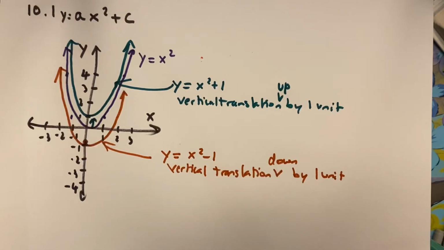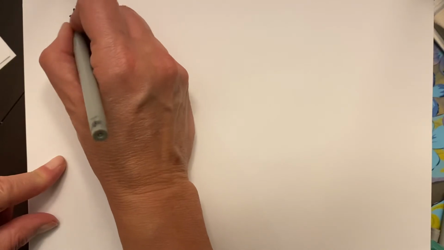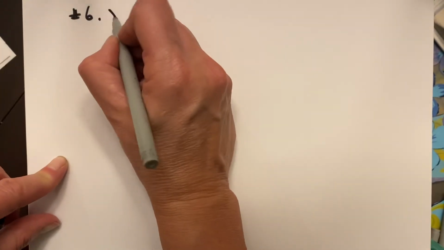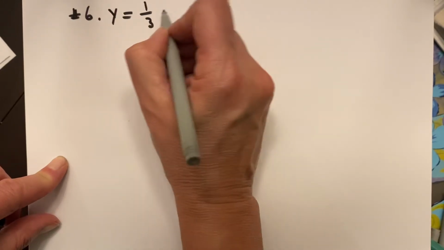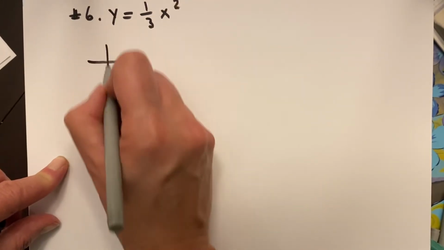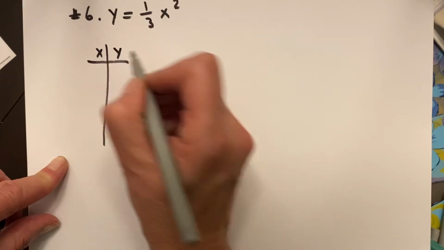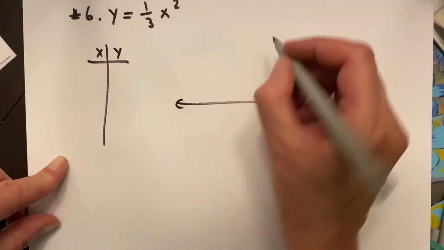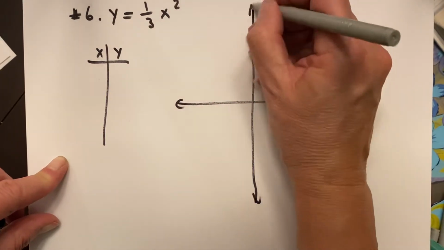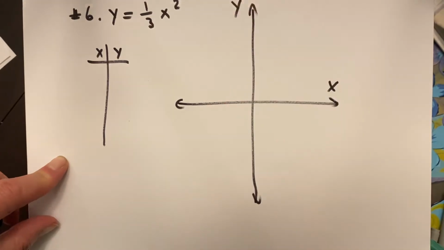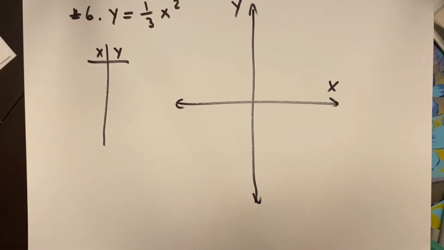In this situation, I'm just going to do number 6 of the review. When I have y equals 1/3 x squared, and I'm told I need to graph it and compare it to the parent function.